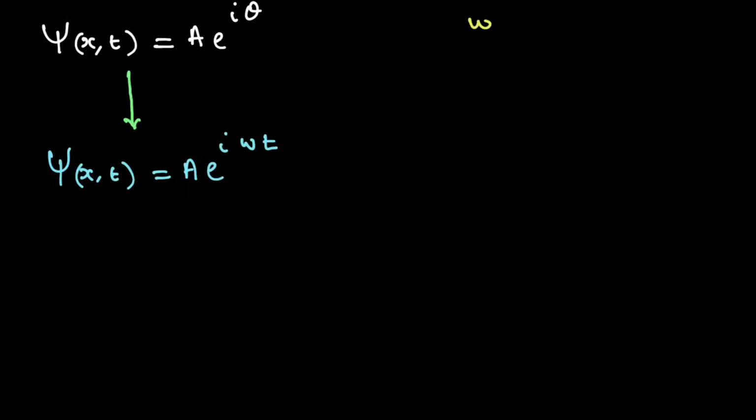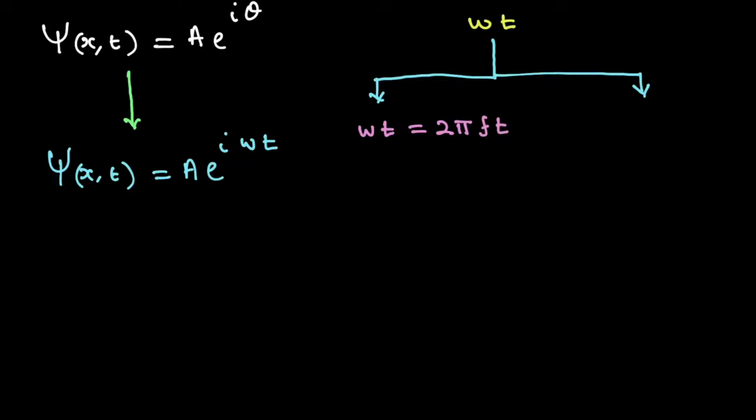So omega t can now be in two forms. The first one being that omega t can be written as 2 pi f t. Why? Because 2 pi f is omega.